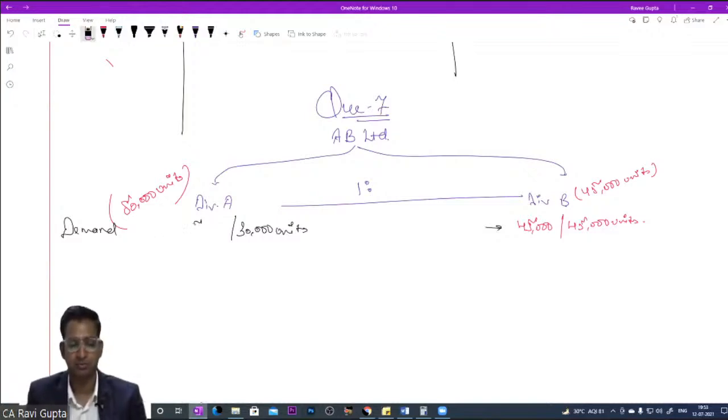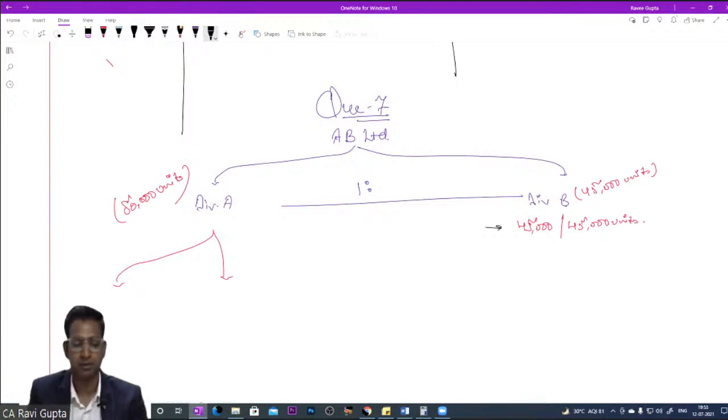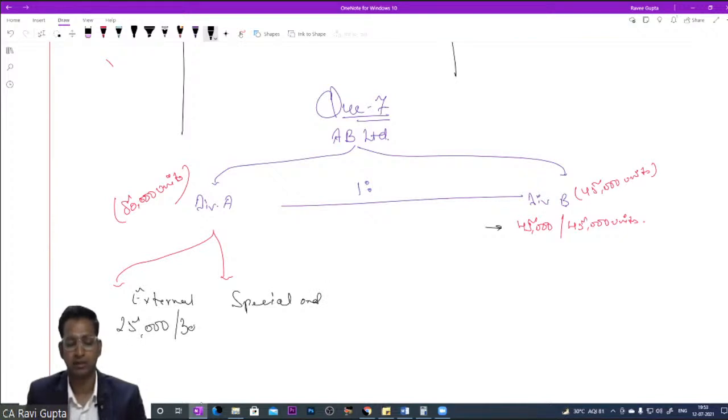We know that we have a 50,000 units capacity, and we have an external market and a special order. 25,000 units and 30,000 units in year 1 and year 2.